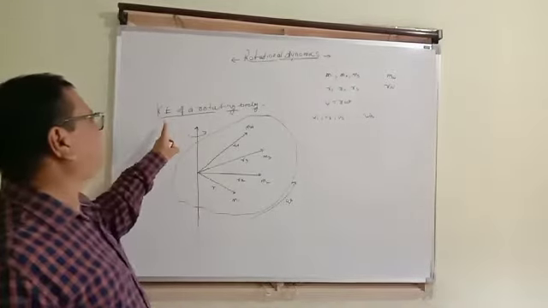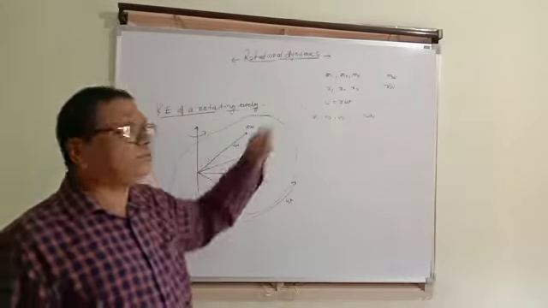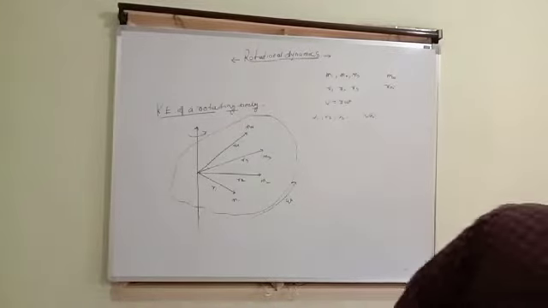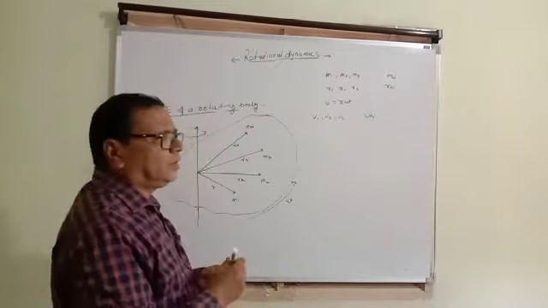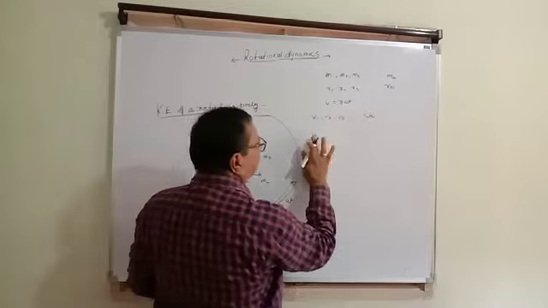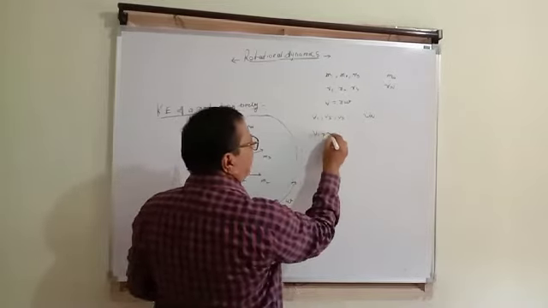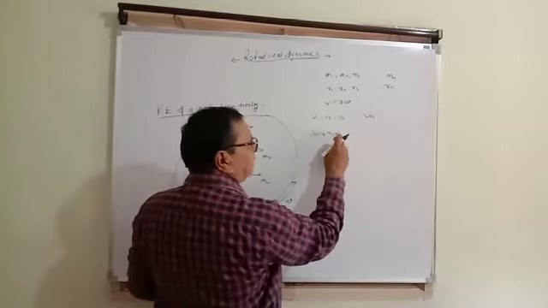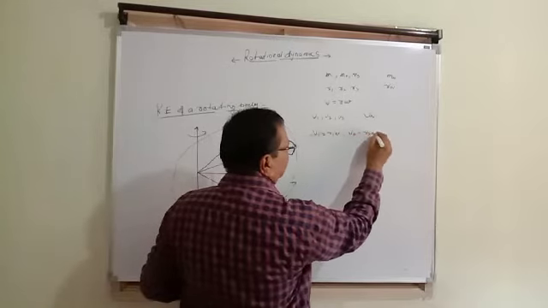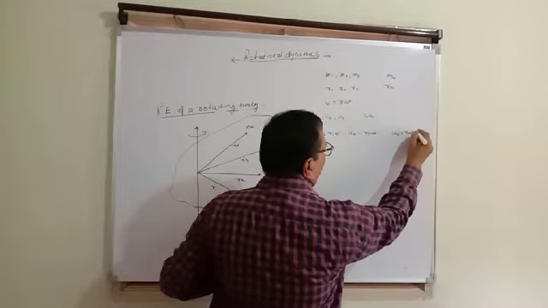What is the main point of the derivation? The kinetic energy of a rotating body. Now the linear velocity is known, so find the linear kinetic energy. We know v1 is equal to r1 omega, and as omega remains constant, r is changing. v2 is equal to r2 omega, dash, vn is equal to rn omega.